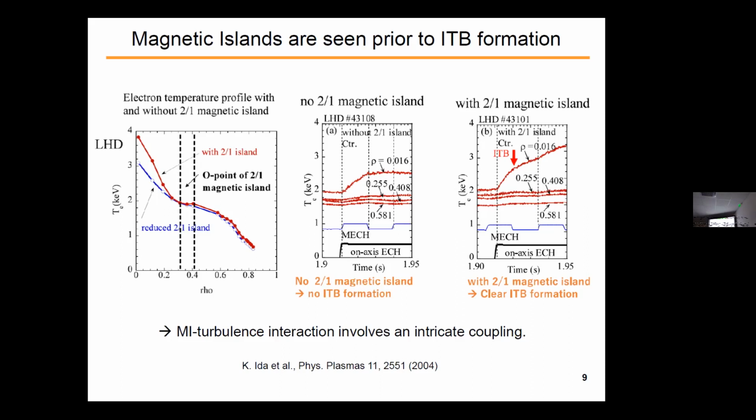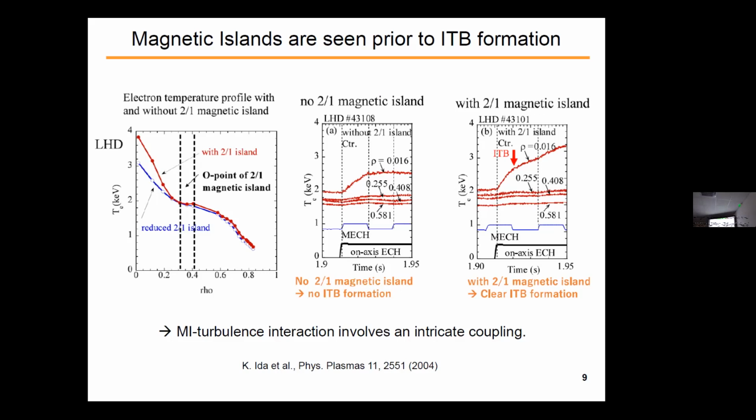Basically the history of heating and all those macroscopic external conditions are all the same, but one plasma ended up having a magnetic island and another one did not.